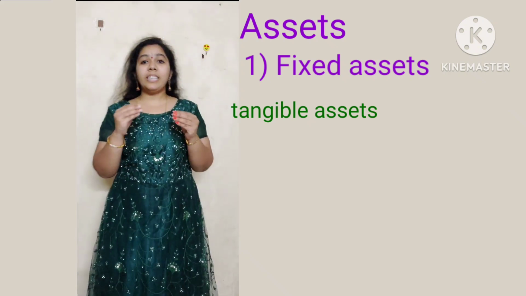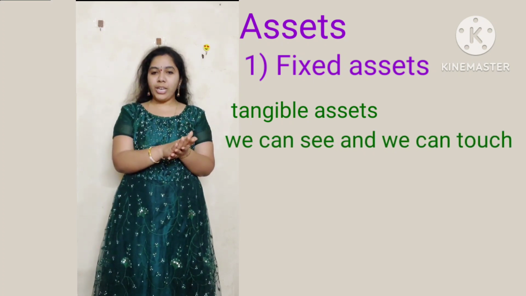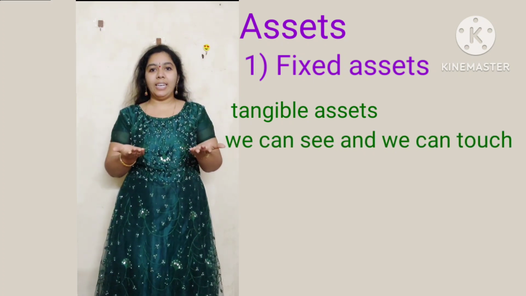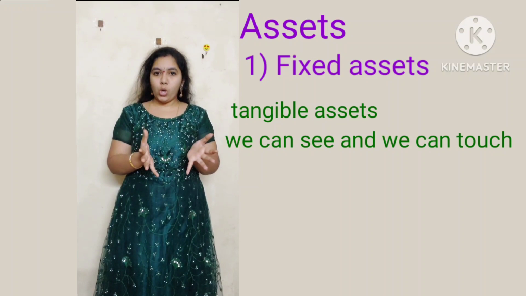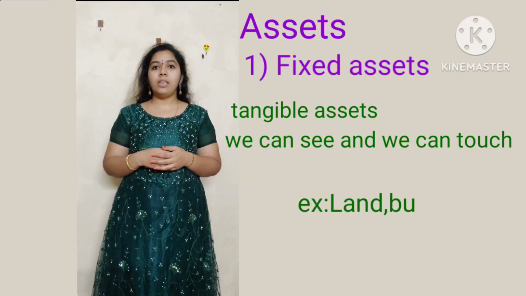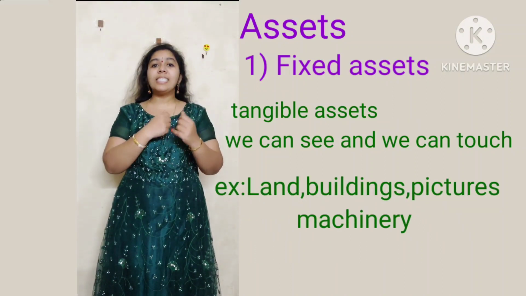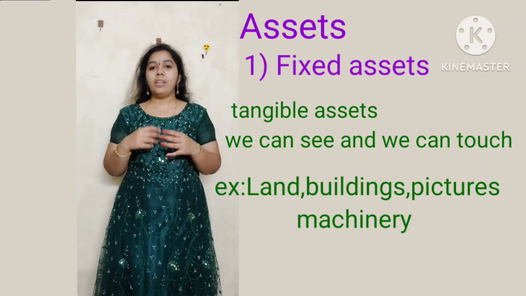Tangible assets means touchable and visible. We can touch it and we can see it. Those assets are called tangible assets, like land and buildings. We can touch and see them.